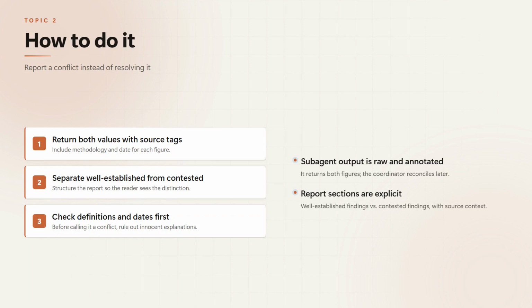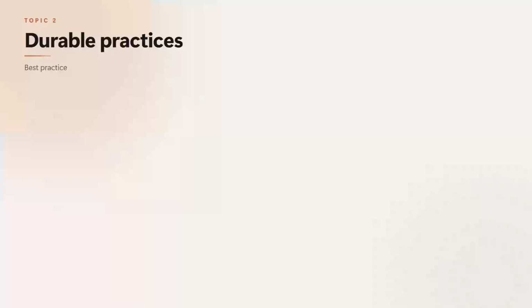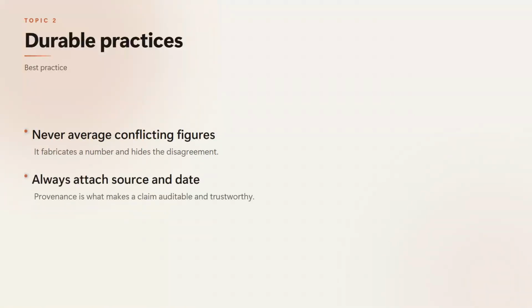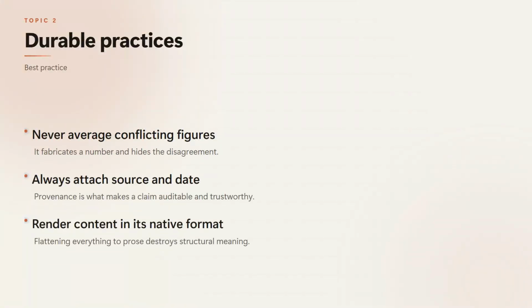The rest of the drill covers financials as tables, news as prose, and technical findings as structured lists. The principle is the same: preserve the native format that carries the meaning. The durable rule is, when sources conflict, surface the conflict with full provenance. Never resolve it by averaging, because that produces a number no source supports and hides the most useful finding, the disagreement itself.